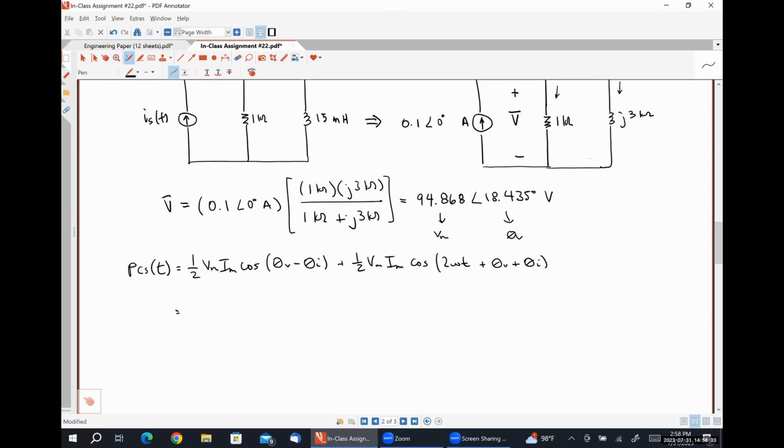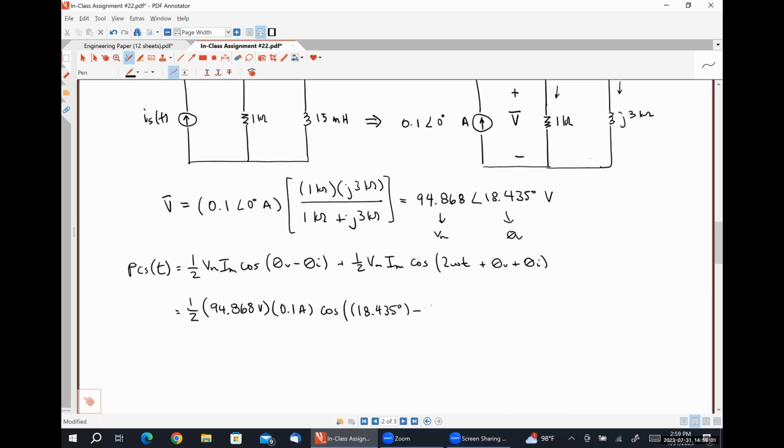So let's plug some stuff in here. 1/2 VM is 94.868 volts. IM is 0.1 amps. Cosine theta V, 18.435 degrees.